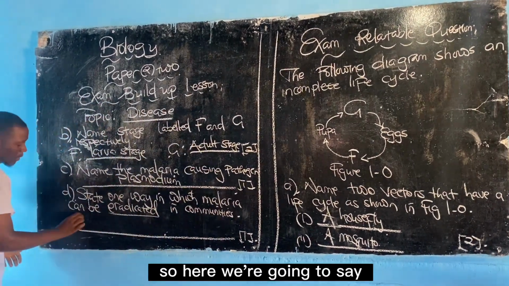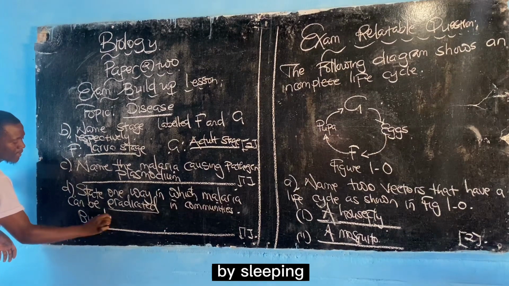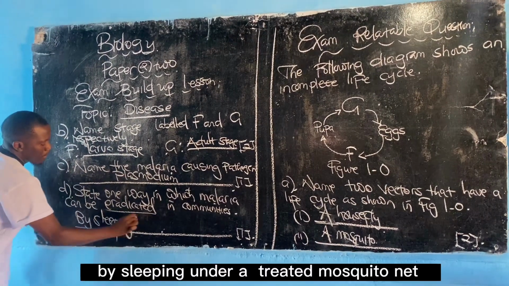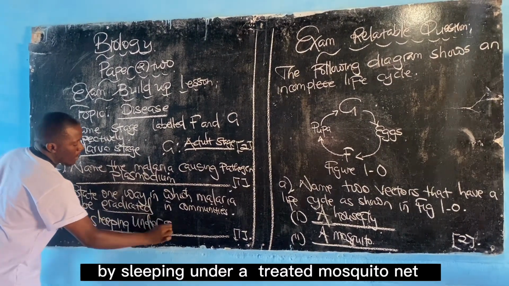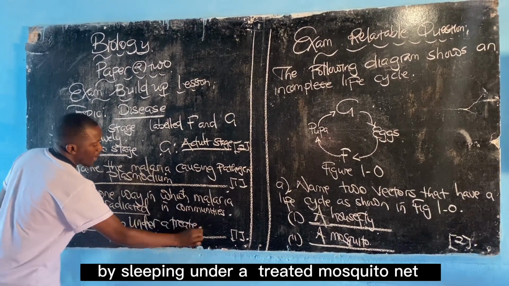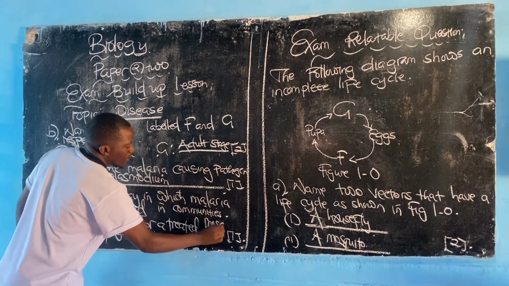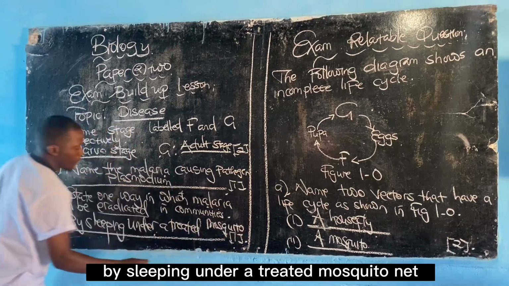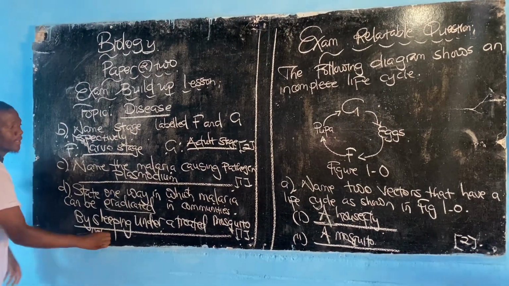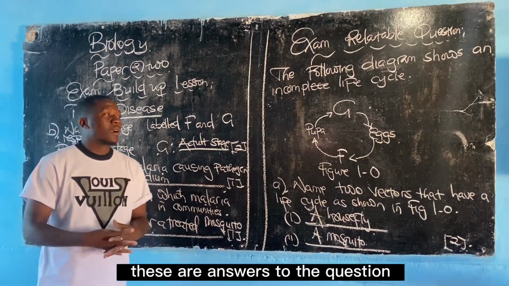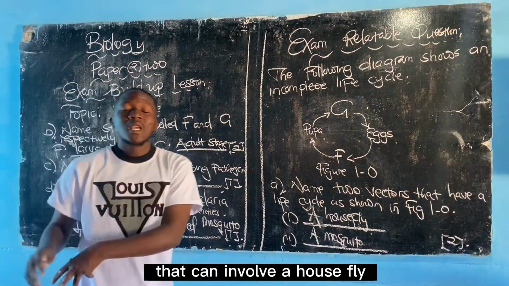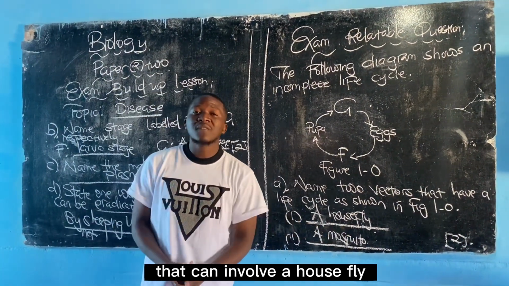So here we're going to say by sleeping under treated mosquito nets, by sleeping under a treated mosquito net. And these are answers to the question that can involve a housefly.